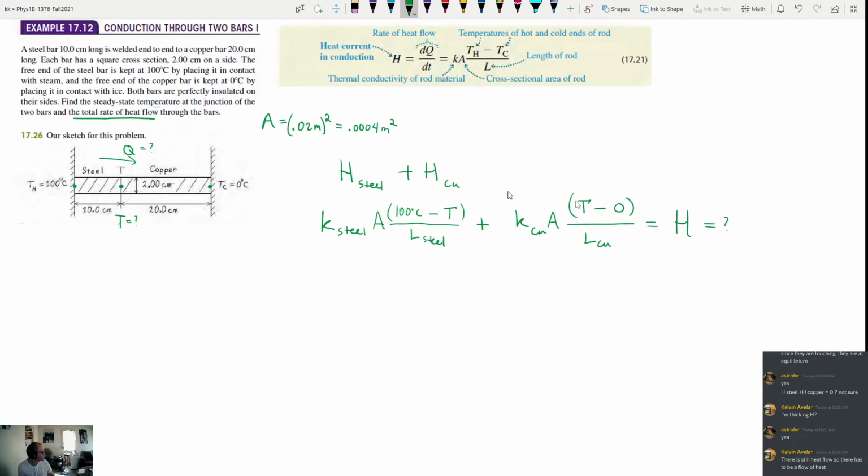What do we do? What do you all think? Are there any other equations we can write down?